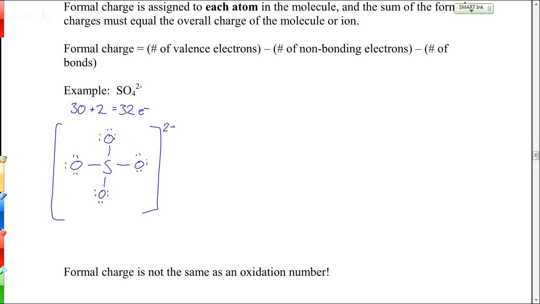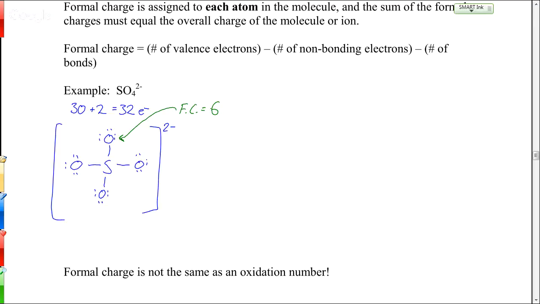Now, we're going to calculate the formal charge for each atom in sulfate ion. To do that, we take the number of valence electrons of just that atom, subtract the number of non-bonding electrons we see on the atom, and then subtract the number of bonds. So for this oxygen right here, our formal charge is going to be, we start with 6 valence electrons, right?